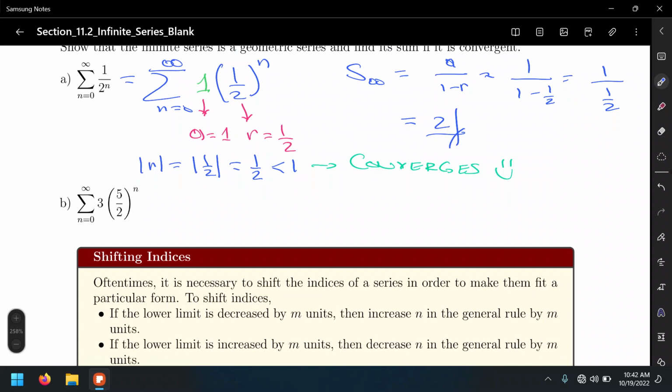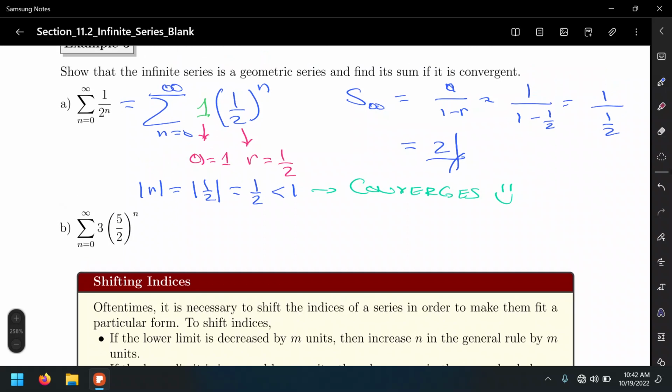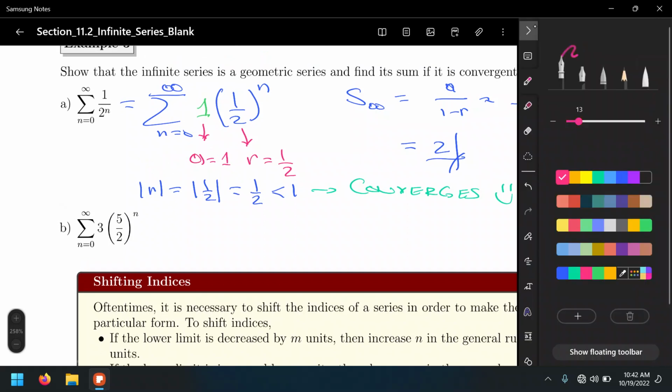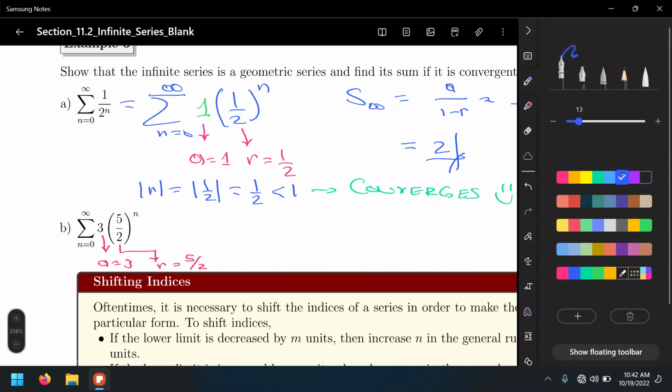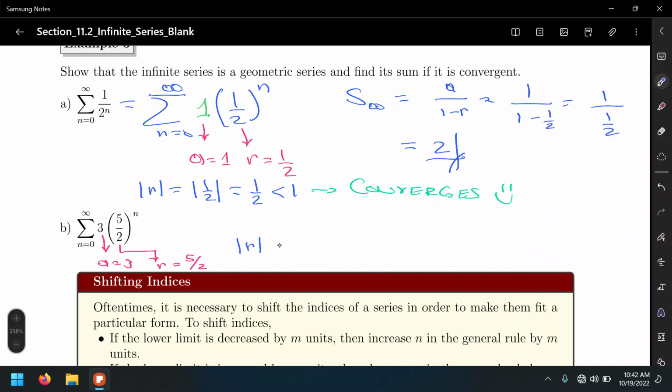Let's look at letter B. For letter B, we already have the series in the desired form, a r to the n power. Number one, let's identify the parameters. Those are a, which is 3, and from here r equals 5/2. Taking the absolute value of r, the absolute value of 5/2 is 5/2.